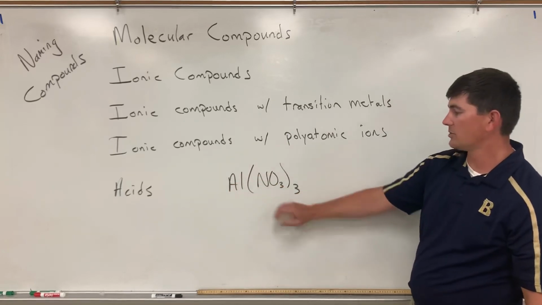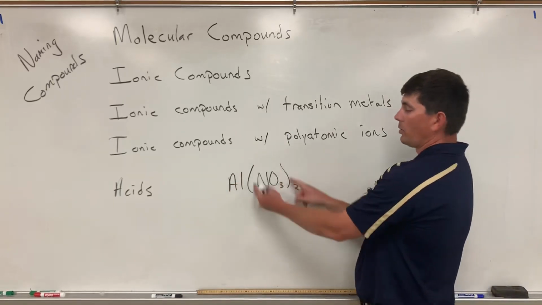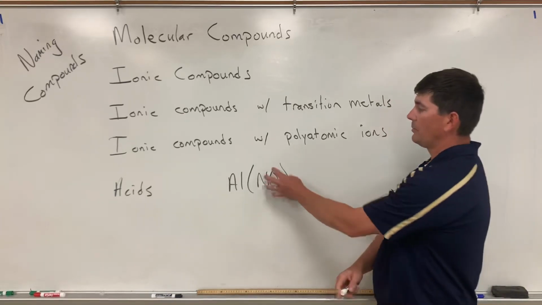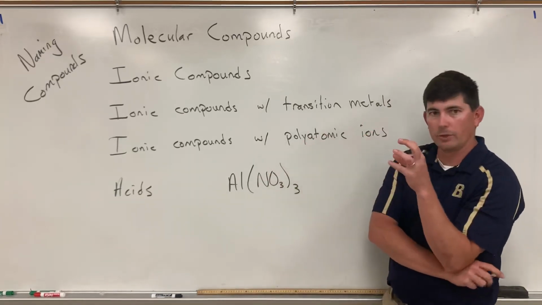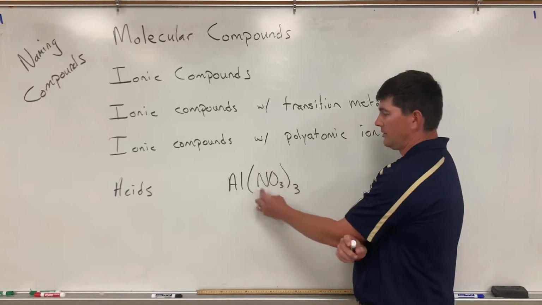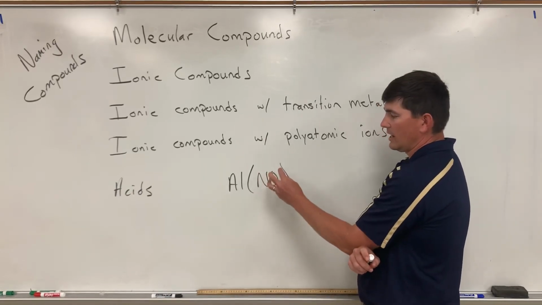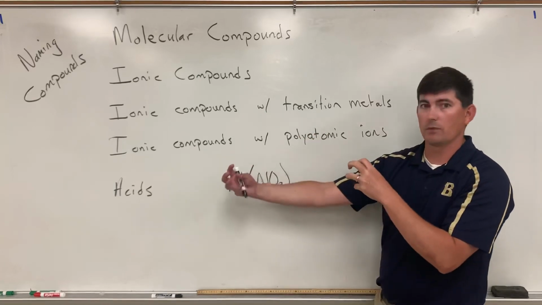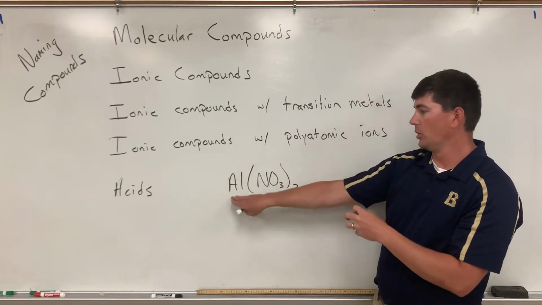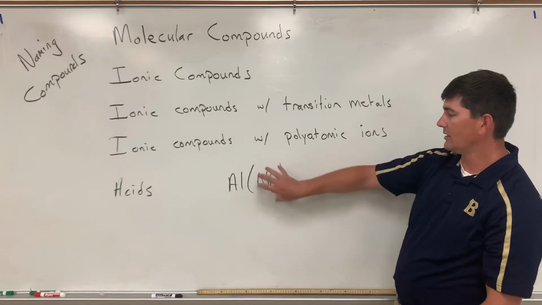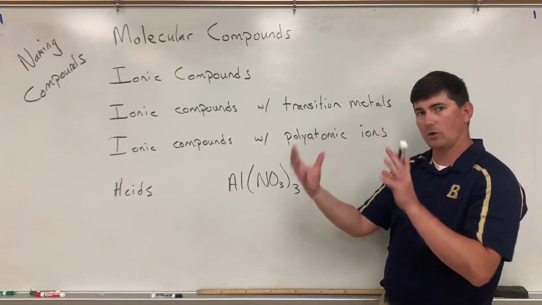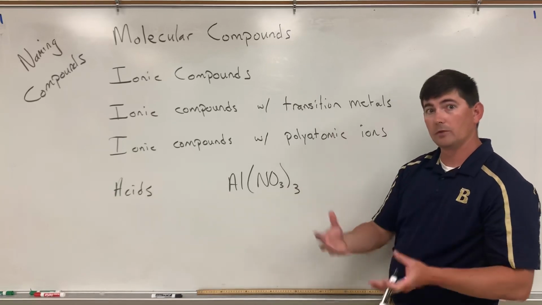Aluminum nitrate. Now, if you're wondering about the parentheses and the number 3 here: anytime I have a polyatomic ion, I have a group of atoms that are bonded together. Together they have a charge, so then they bond with aluminum. In this case, we need 3 of these to bond with 1 aluminum in order to make the whole compound neutral.